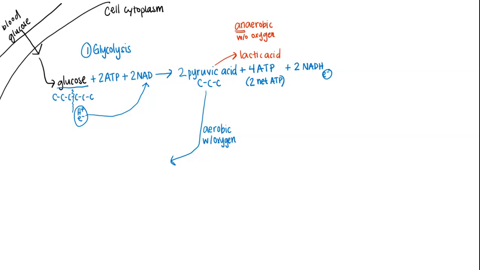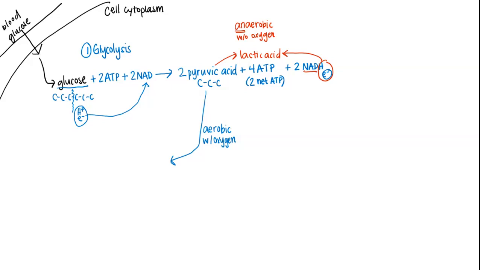In order to make lactic acid, the hydrogen with that electron needs to go onto the lactic acid molecule. And in this way, the NAD is remade.